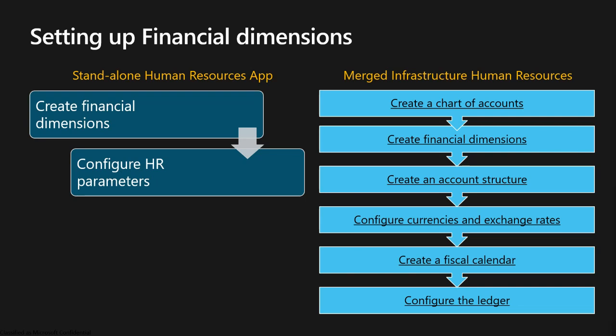If you are migrating from standalone human resources infrastructure to the merged infrastructure, we actually do these steps for you automatically. We automatically create a new chart of accounts. We create your financial dimensions from the financial dimensions that you had in your standalone, and we create an account structure and just stick all of your dimensions in it.